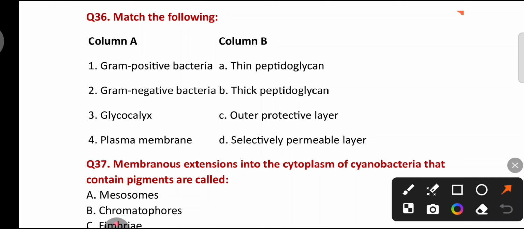Match the following: gram-positive bacteria, thick peptidoglycan; gram-negative bacteria, thin peptidoglycan; glycocalyx, outer protective layer; plasma membrane, selectively permeable layer.